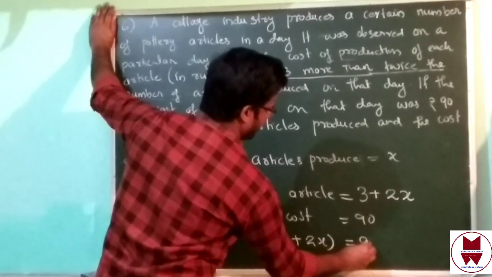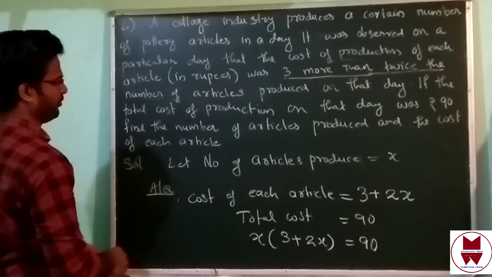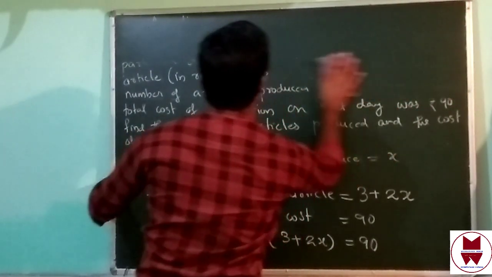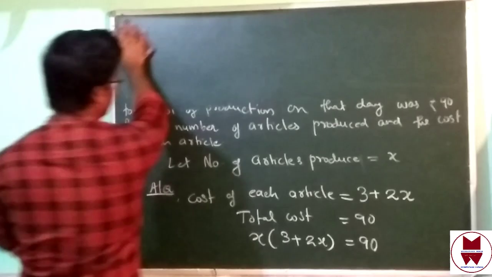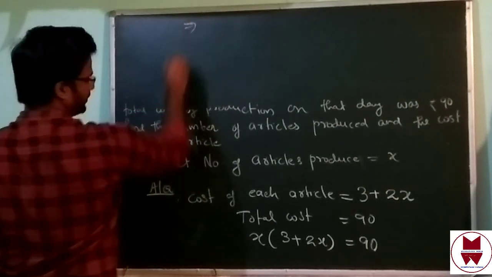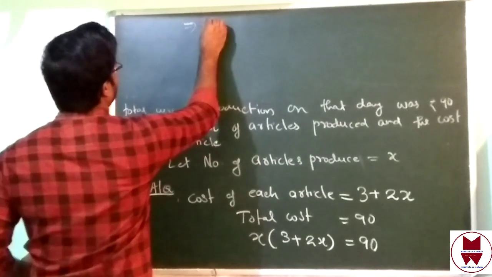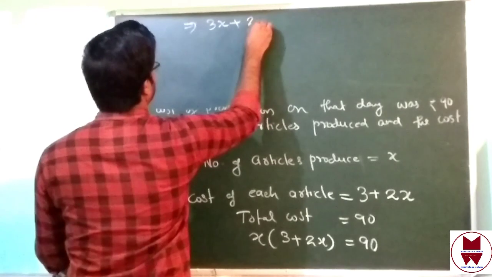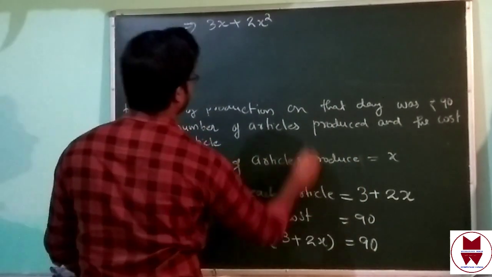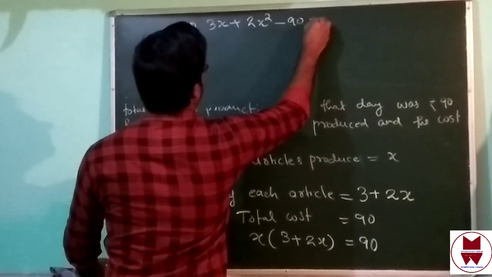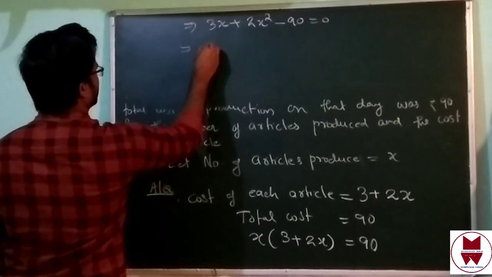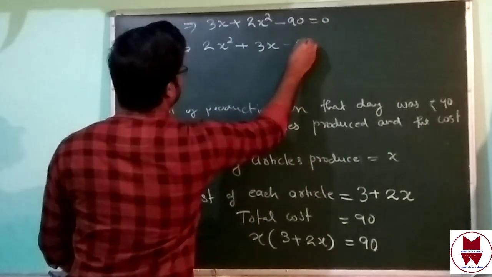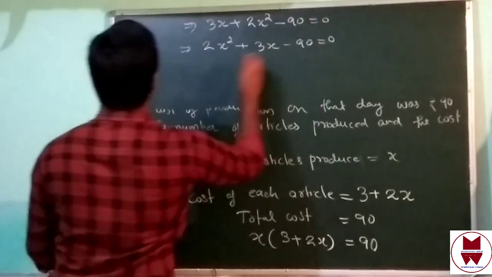Equal to 90. Just remove the bracket. x into 3, 3x, plus x into 2x, 2x square. This 90 bring to the left side, that will be minus 90 equal to 0. Just rearrange: 2x square plus 3x minus 90 equal to 0.